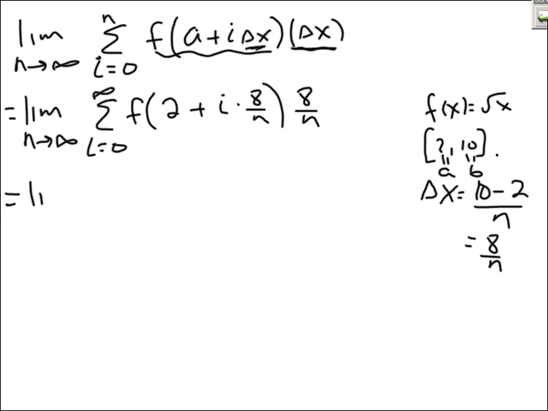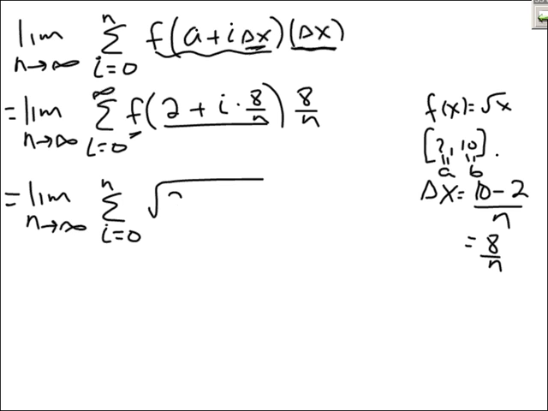So this is equal to the limit as n goes to infinity of the summation as i goes from 0 to n of the square root of that, because that's what f does: the square root of 2 plus 8i over n, times 8 over n.